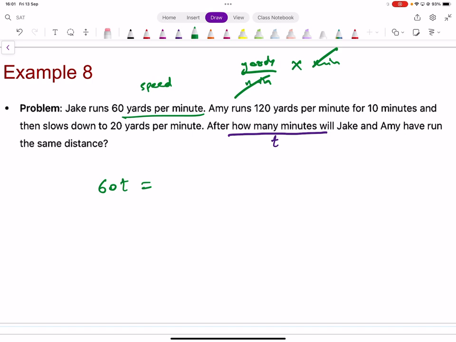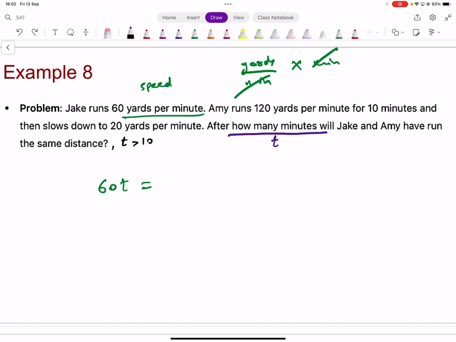For the first 10 minutes, she is running at 120. Yes, that's for the first 10 minutes. There is a condition given here. Let me write that here as well. T is greater than 10. So more than 10 minutes have passed until they have run the same distance. So it's not a time less than 10 minutes, it's a time more than 10 minutes.